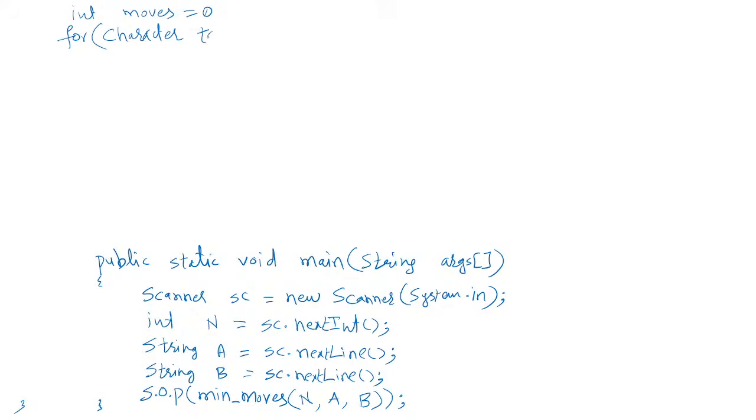I need to get the target character here. We called it target. Where from do we need to get? We need to get from target indexes dot keys. It returns all the keys. There is a method in the TreeMap class called keys, which returns all the keys.